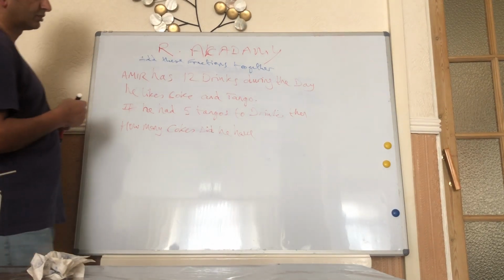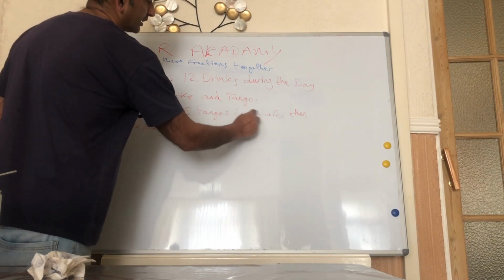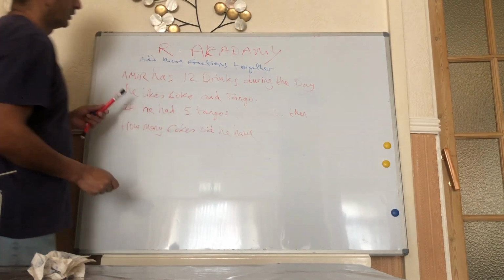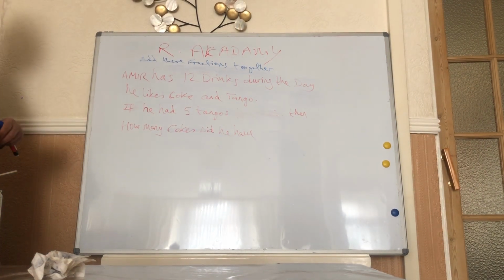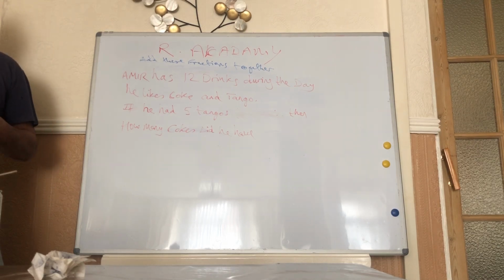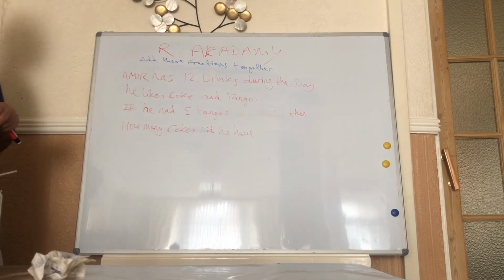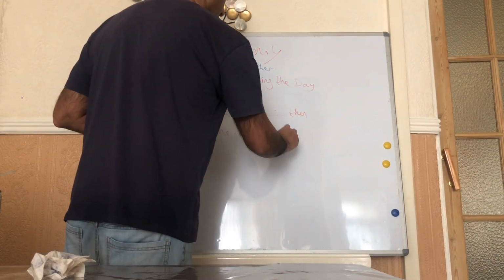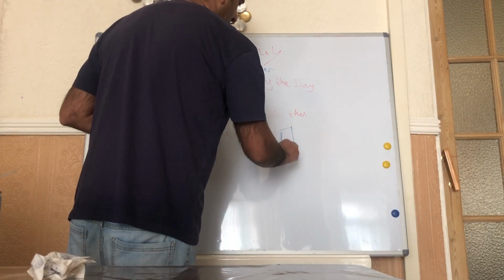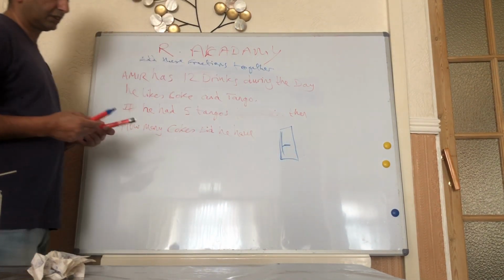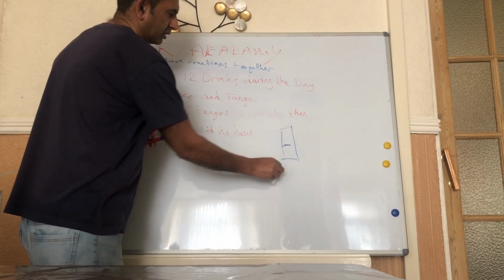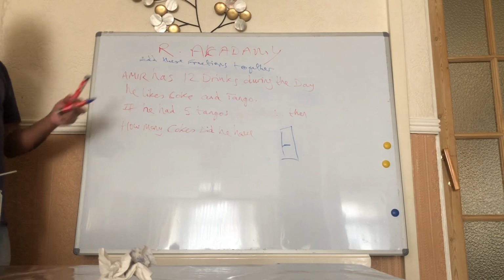If he had 5, not necessarily he had to drink them, but say if he just had 5. If he had 5 Tangos, then how many Cokes did he have? And the answer has got to be as a fraction. This is the tricky part. So how are we going to answer that?